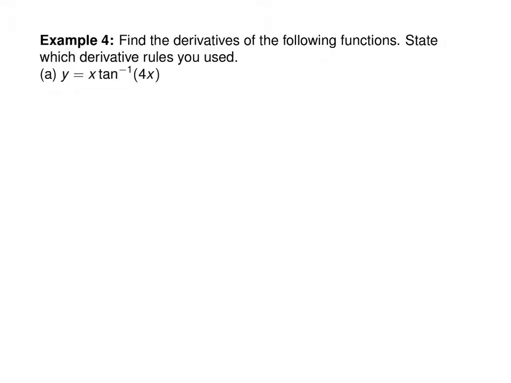Ooh, tan inverse, also known as arctan. So rules that must be used include the product rule and the chain rule. So first, differentiate x. What is x's derivative? 1. So 1 times tan inverse of 4x. Plus x times, what's the derivative of tan inverse of stuff?